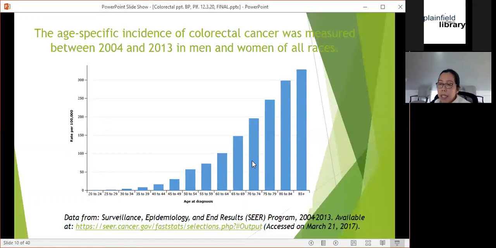It is very rare to see any colorectal cancer when one is younger than 40 years old. In contrast, the colorectal cancer incidence in the above-80 age group is almost 6 times more than in a person in their 50s. Next.